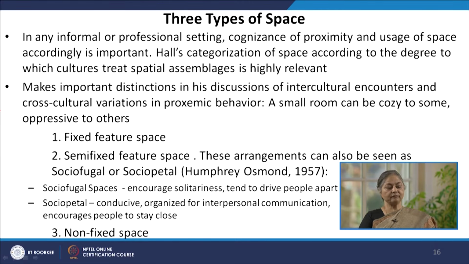The semi-fixed feature space is the one in which we find the maximum impact of different types of understanding of proxemics and culture. For example, the sociofugal and sociopetal understanding of space arrangement is seen maximum in our arrangement of the semi-fixed feature space.